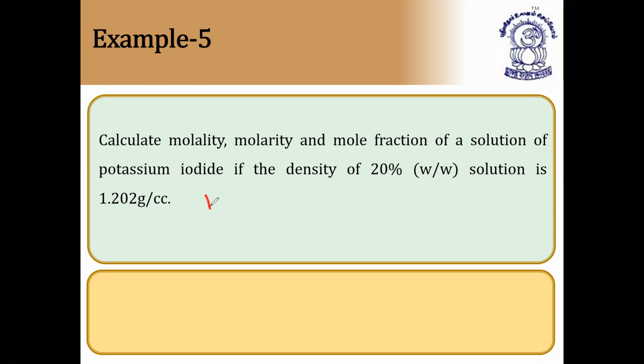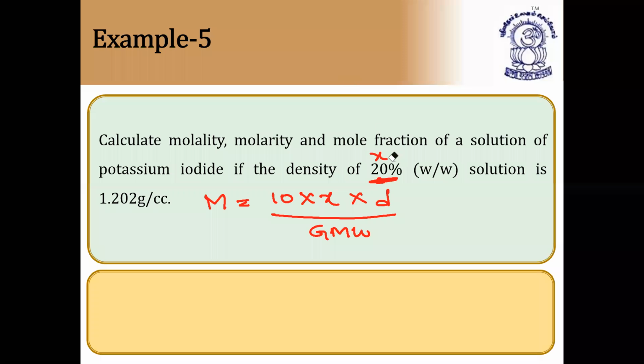Molarity is equal to 10 into X into D by gram molecular weight. So the gram molecular weight of potassium iodide. You have to use this formula for finding molarity, capital M. And the second formula is how to get molality from molarity.